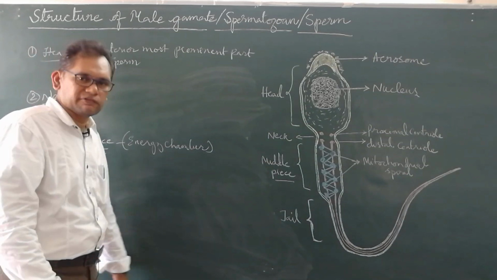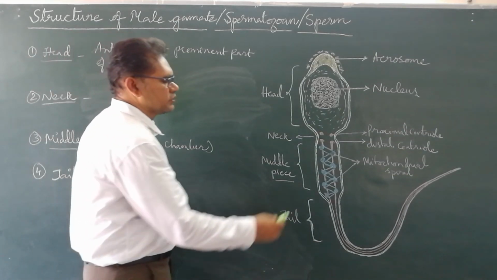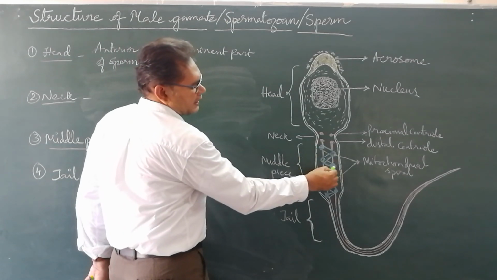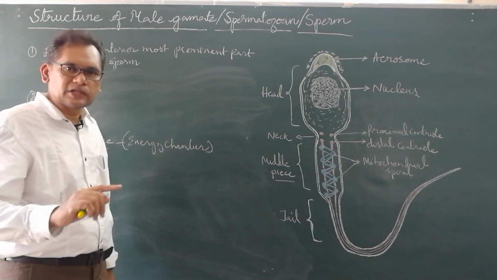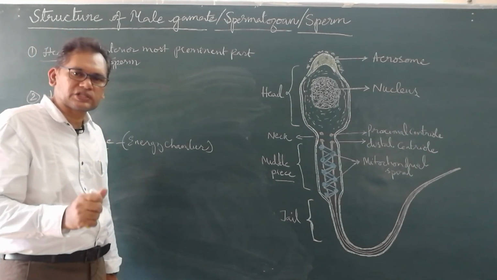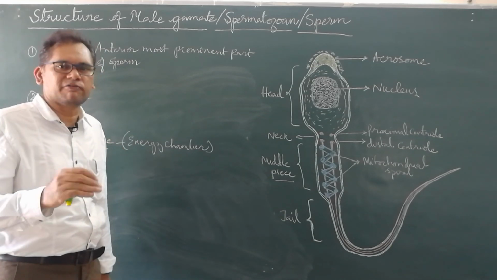It consists of a spiral arrangement of mitochondria. These are the mitochondria, arranged in the form of a spring-like structure. This is what we are saying, a spiral arrangement of mitochondria in the form of a sheath.